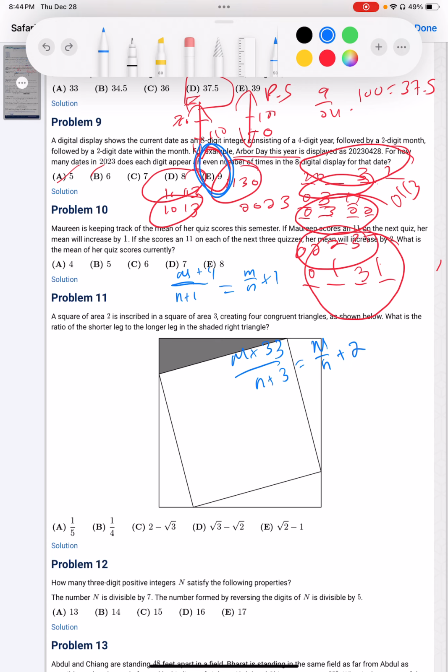So Mn, okay, kind of annoying. So Mn plus M over N plus N plus 1. Alright. Then equals M plus 11.